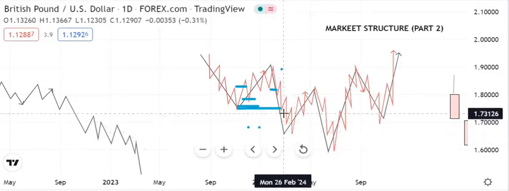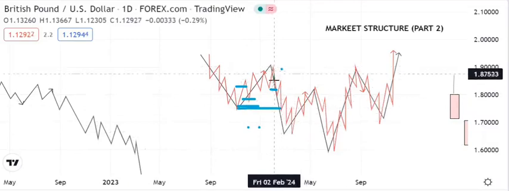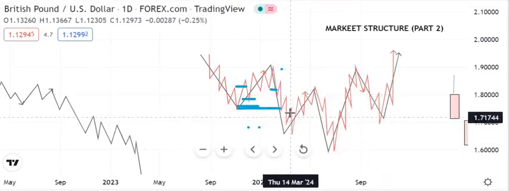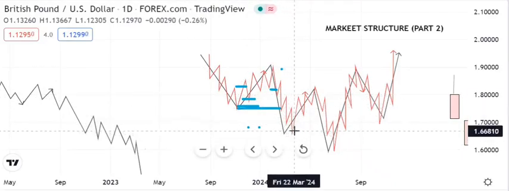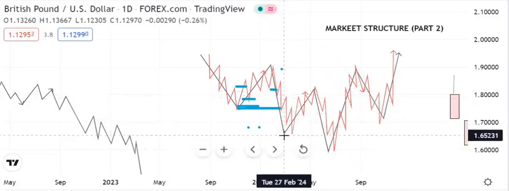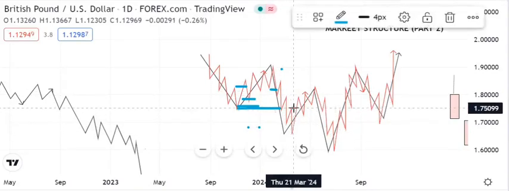Look at here again. Price came down to break this structure here. On your lower time frame, you are having lower high, lower low, lower high, lower low, lower high, lower low. And after printing this lower low, your H4 is still bearish. But on your M15, price went up and violated this structure.